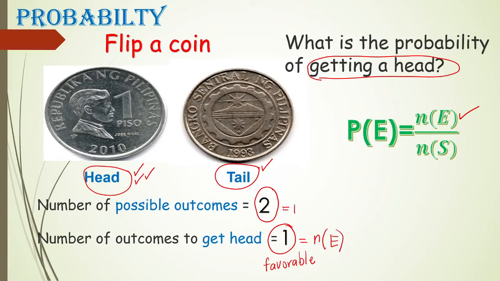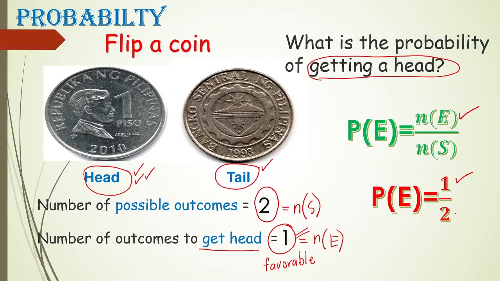This one is the total number of outcomes. So meaning, the probability of getting a head is simply 1/2. 1 here represents getting a head, which is only one outcome. The 2 here is simply the total number of outcomes. We have 1 and 2. Is our first example clear?